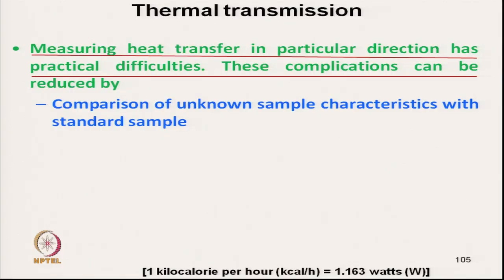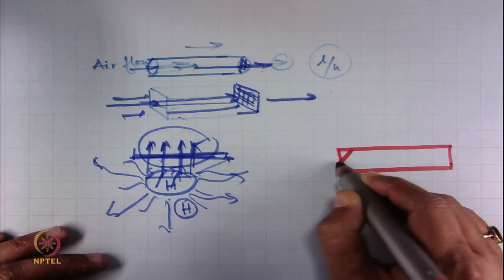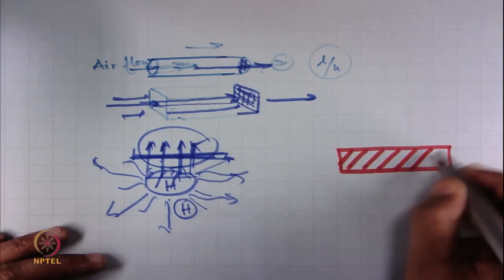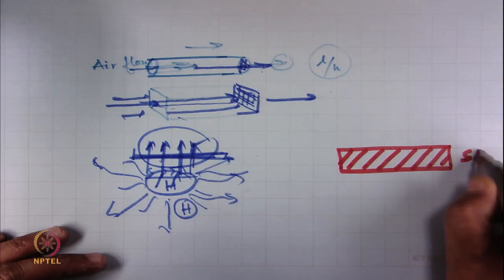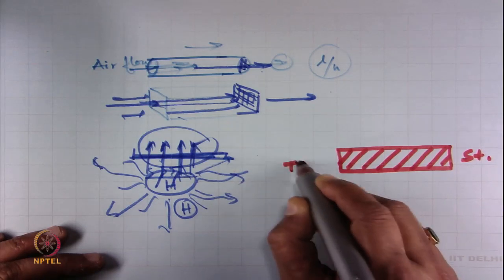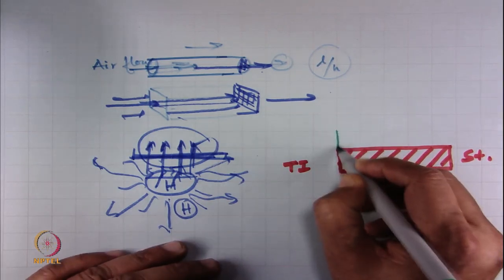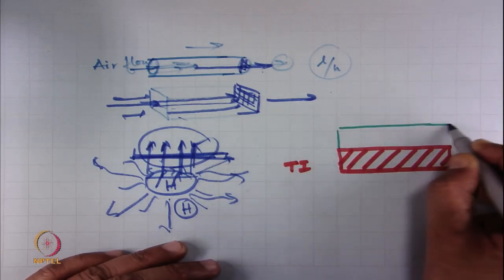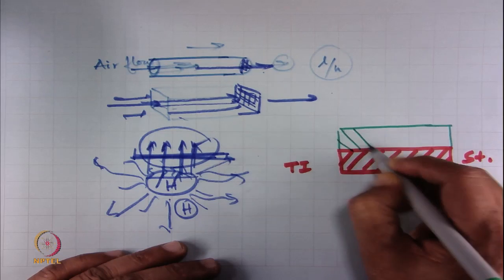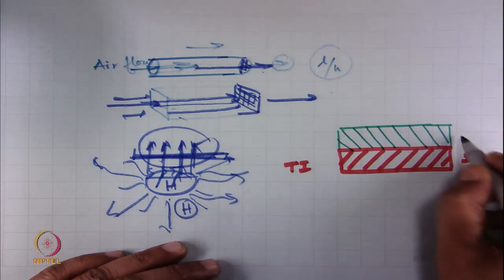Now, suppose we want to compare the unknown sample with a known sample. This is one known sample, say a standard plate, with known thermal insulation value, the thermal resistance value is known. Another unknown sample, the fabric, is placed in series, just above the known plate.